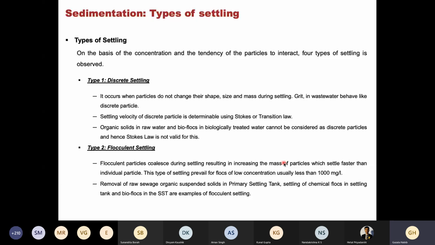But this kind of settling we generally say happens when the particle concentration is less than 1000 mg per liter. That is basically for the coagulation process or when bioflocks are there. Bioflocks means bacterial mass.